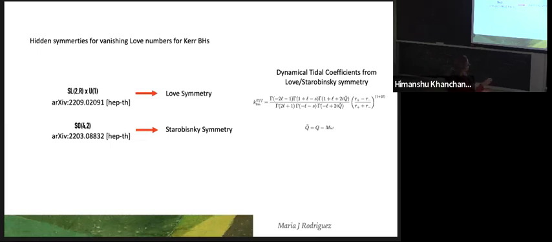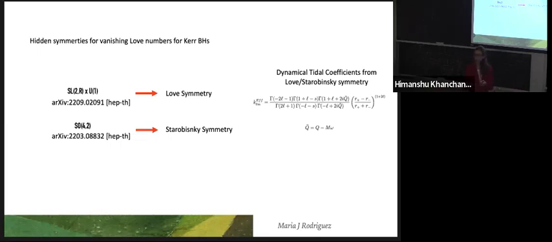A very interesting point here is that we have a ratio of gamma functions, which makes this a more compact expression. In particular, the omega dependence of these coefficients appears in only two of these gamma functions. The reason I'm mentioning this is that there are some regimes in which we know analytically how to solve the Kerr scalar equation.